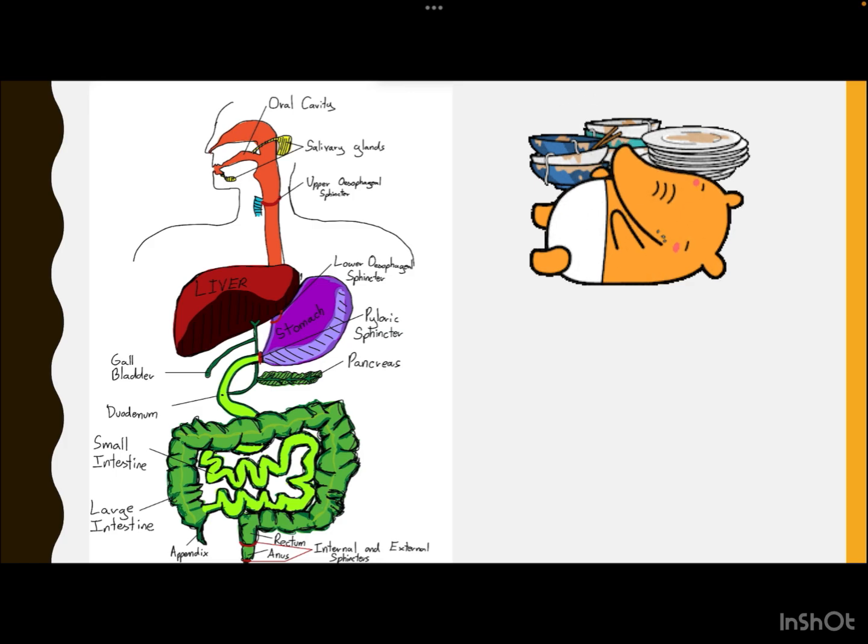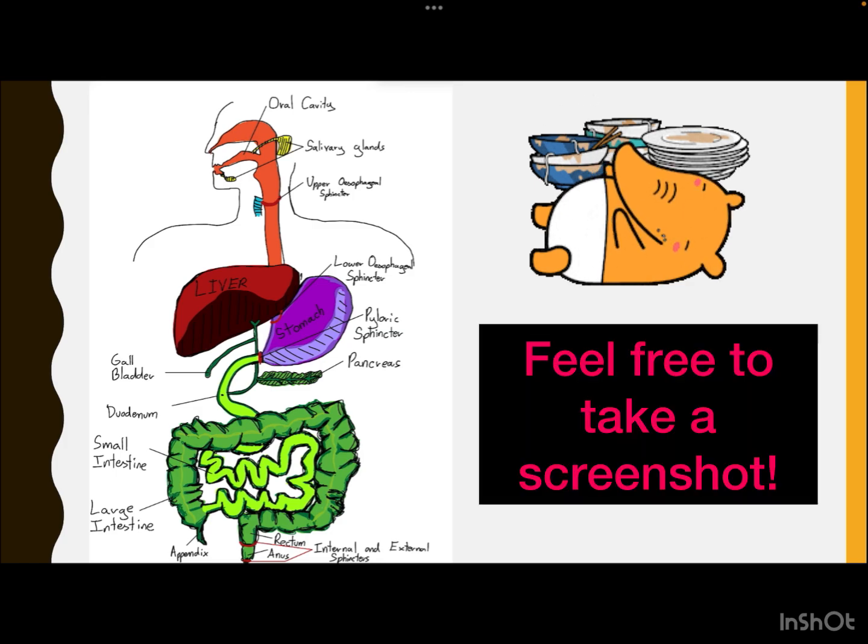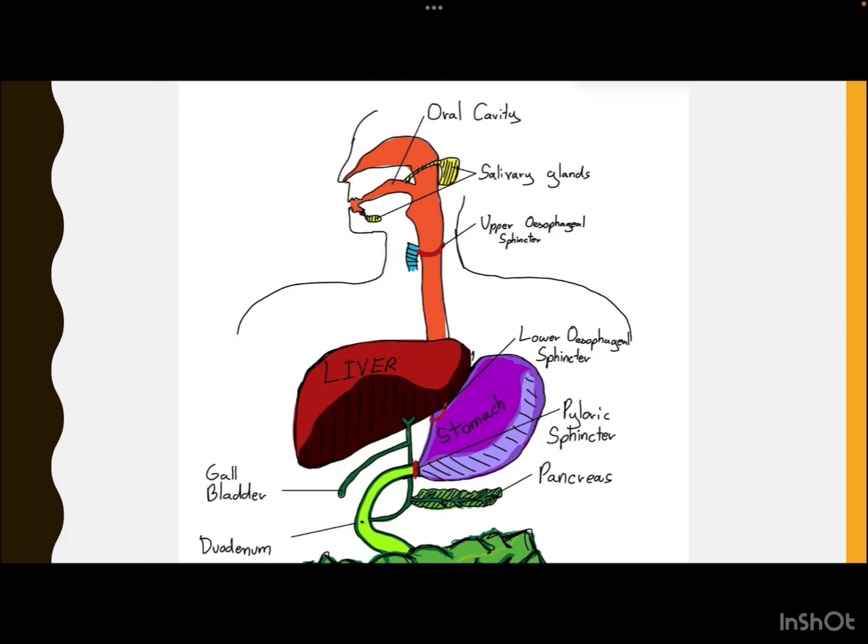Now here we have a diagram which I just drew, and it highlights all the main parts of the digestive system. Your digestion begins with your mouth, where you have your saliva containing enzymes that will begin to break down carbohydrates into sugars, and also eases the swallowing process by moistening the food.